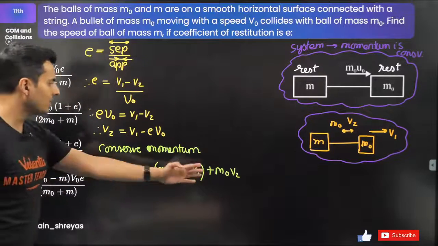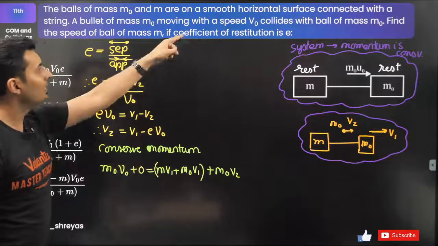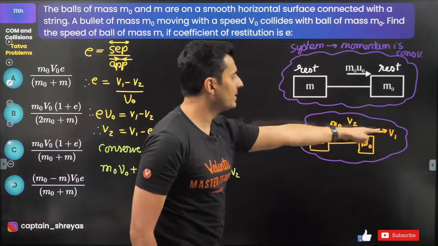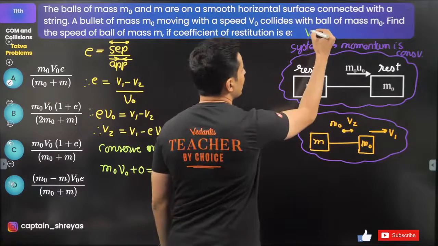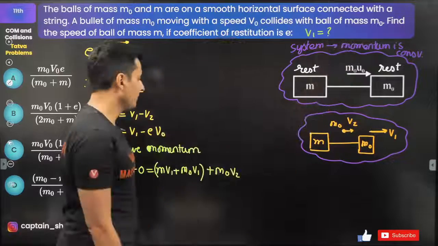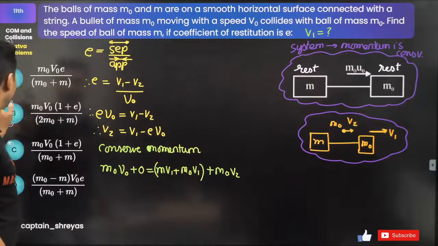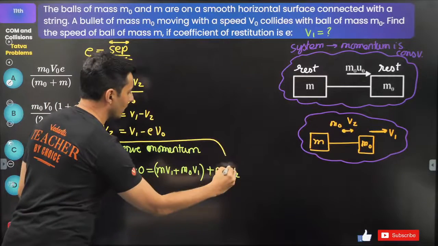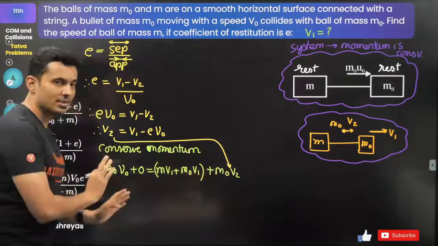Now, since I want to find v1, the speed of the block of mass m, the question demands that we find v1. So I need to get rid of v2. The value of v2 which I found over here, I'm just going to substitute it.